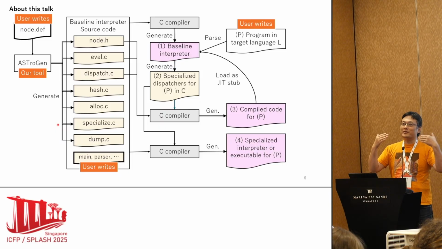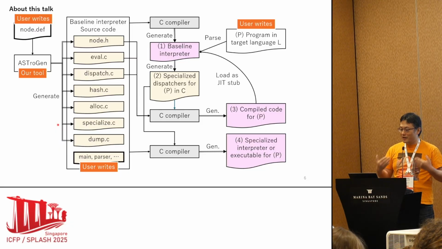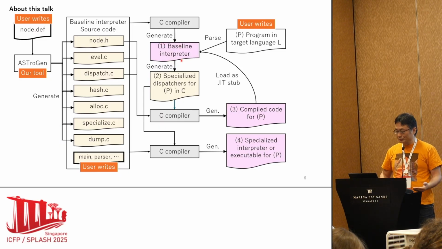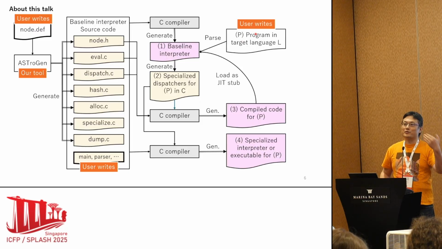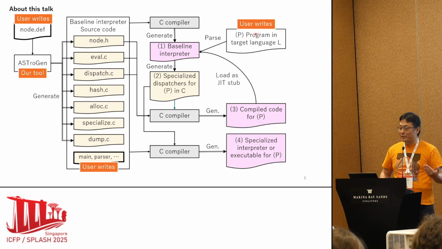After that, the ASTro-generated interpreter can run as a baseline interpreter. The baseline interpreter can run the target program P, but it is slow because it is only a tree-walking interpreter.